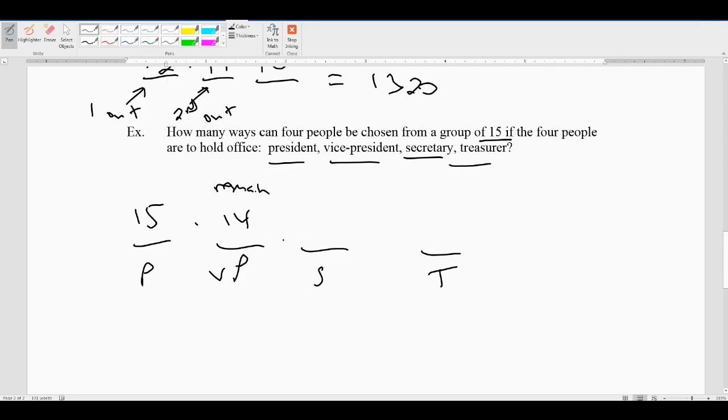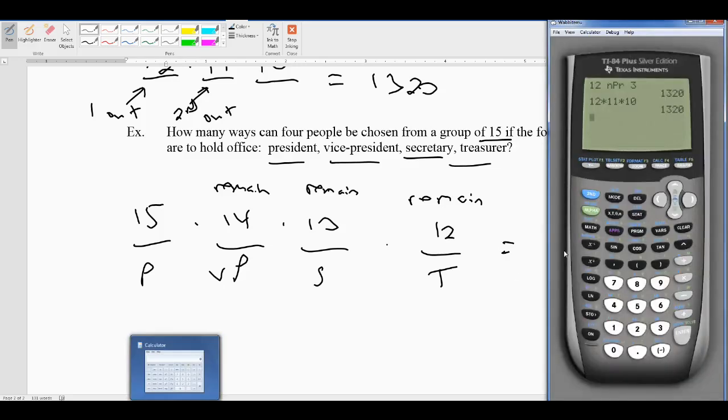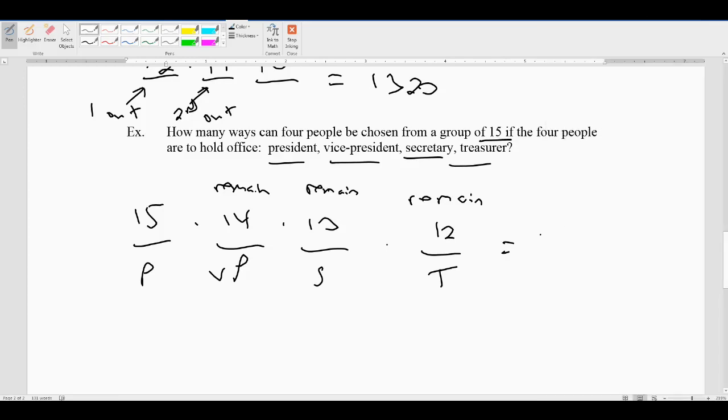When you have a president and a vice president, how many remain to be secretary? 13 remain. Once you have those 3 positions, how many people remain to be treasurer? 12. So you can just do that. 15 times 14 times 13 times 12. 32,760.